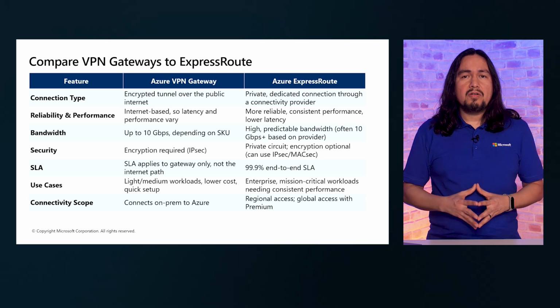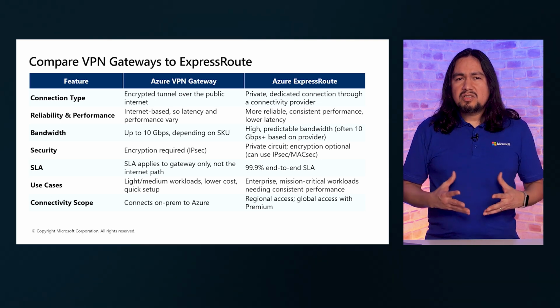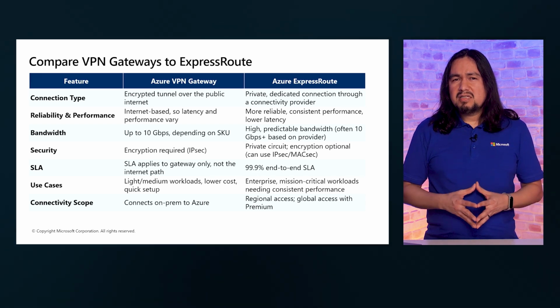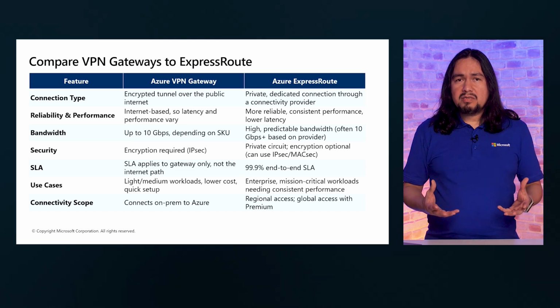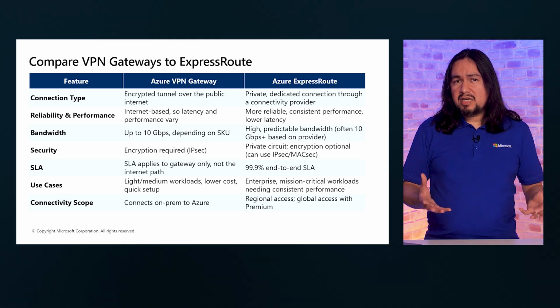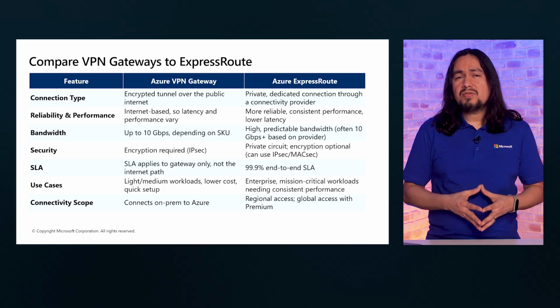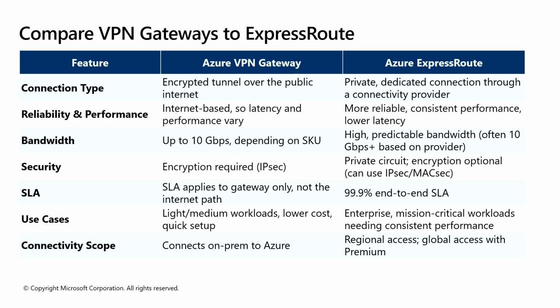And ExpressRoute offers you a private connection, so that it also has an effect on the reliability and performance of this connection. Second, it is about bandwidth. You have up to 10 gigabits per second in VPN gateway, but then again, it is going through the internet. Whereas you have this and more in ExpressRoute in a private connection.